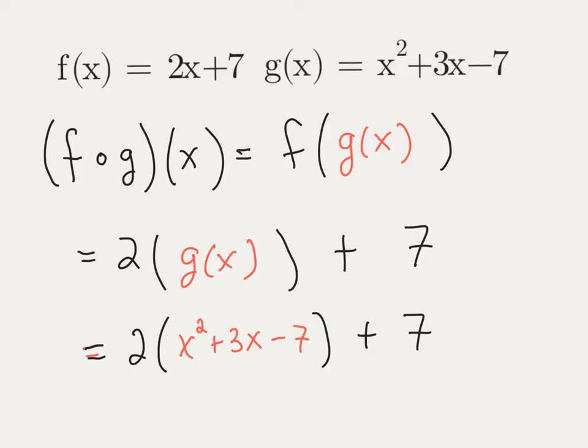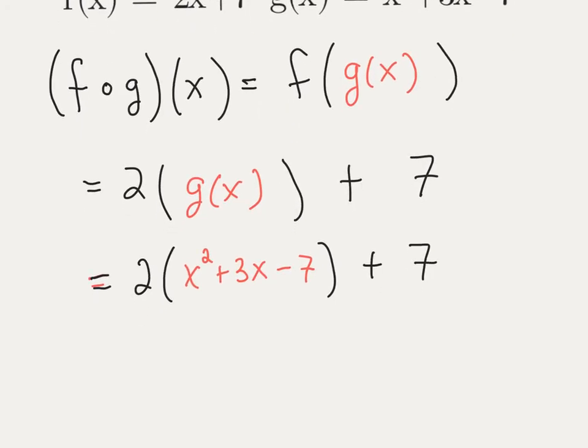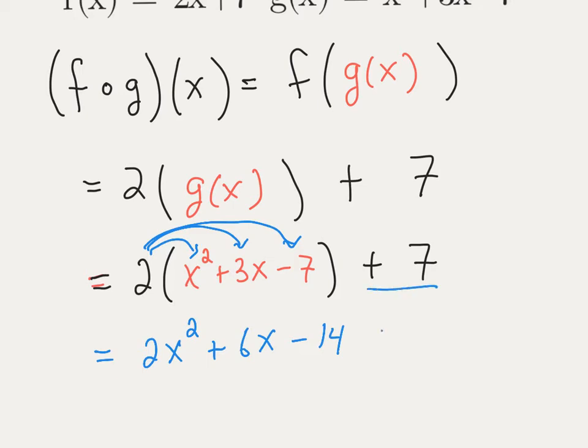If we put all of this together, what I have is my function f of g. Here's what I'm going to do: I'm going to distribute this 2 to all of these terms here. 2x squared plus 6x minus 14. And then I still have to take care of the plus 7.